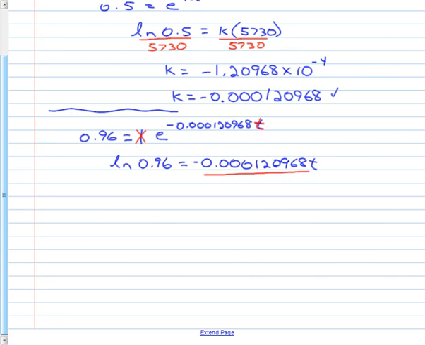And then we can divide by this lovely number on both sides. We'll divide it over here as well. We'll round this answer to the nearest 10 years, so try that one.